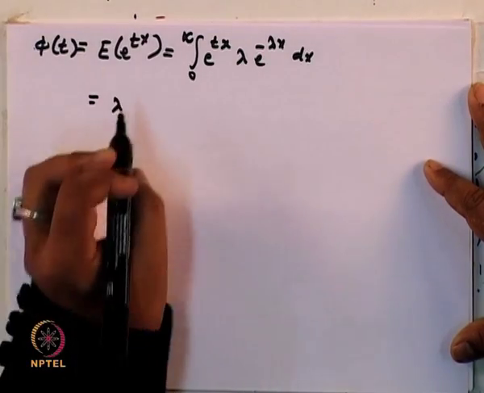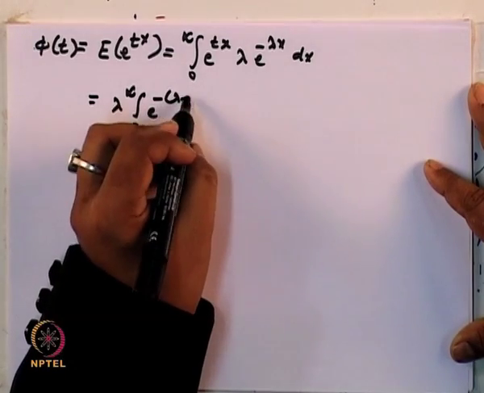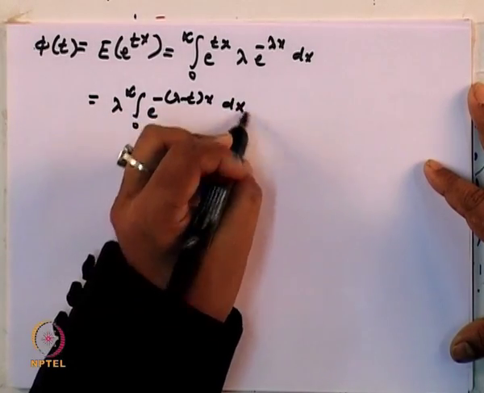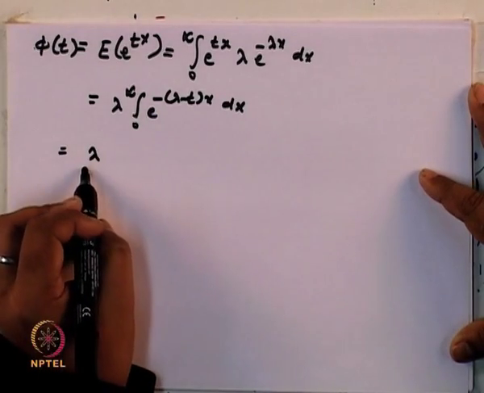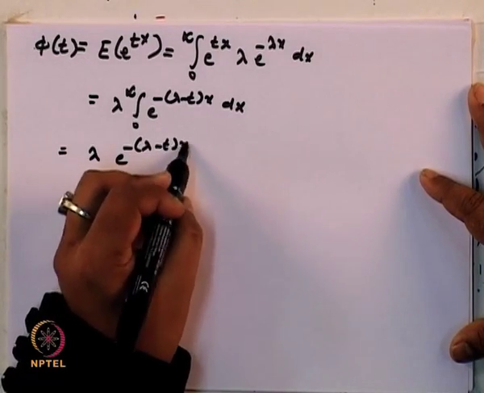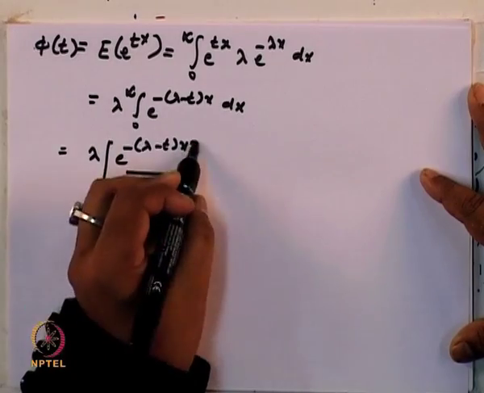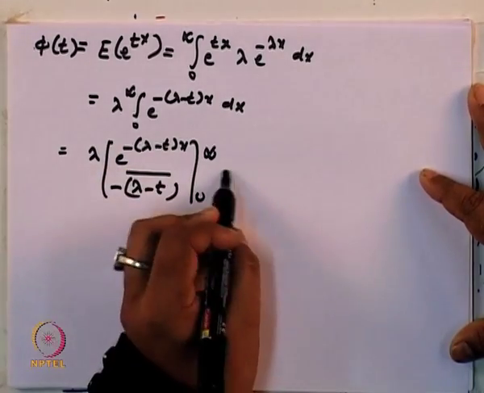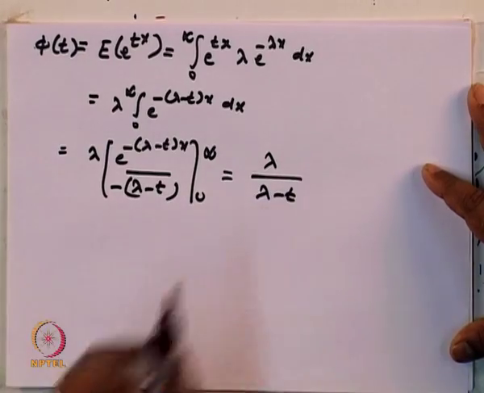I can take lambda out: the integral from 0 to infinity of e to the power minus (lambda minus t) x dx. So, this should give you e to the power minus (lambda minus t) x by (lambda minus t) with a minus sign, from 0 to infinity, which gives a value of lambda by lambda minus t.